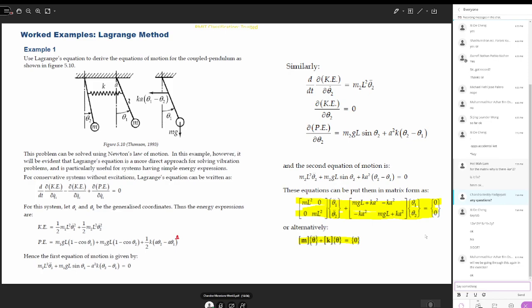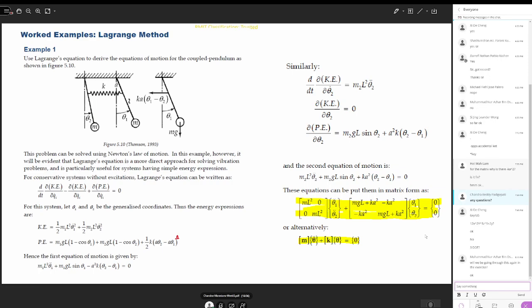All right. So before we go for a break, we can go through this example. We have derived the equations of motion for this example using the basic Newton's law, applying the torque and moments. Now we can take the same example and apply Lagrange's method.